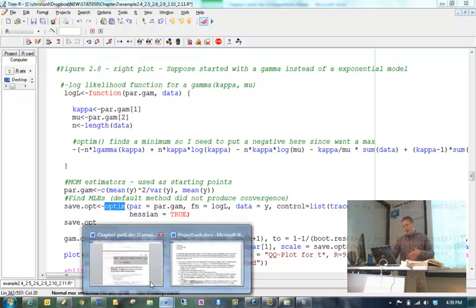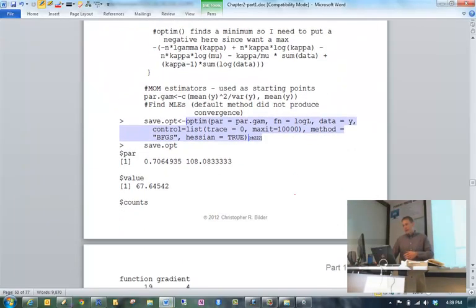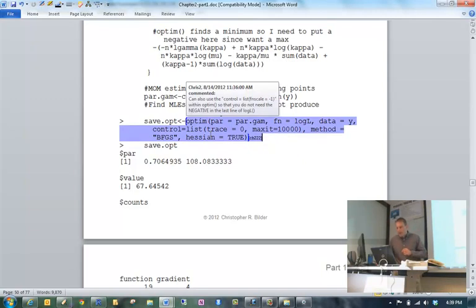In some recent versions of R, since so often we want to find maximum likelihood estimates using this optim function, they've actually added an argument that allows you just to program in the log likelihood function itself, and then through using an argument, control equal list fnscale equal -1, you can now maximize the function.